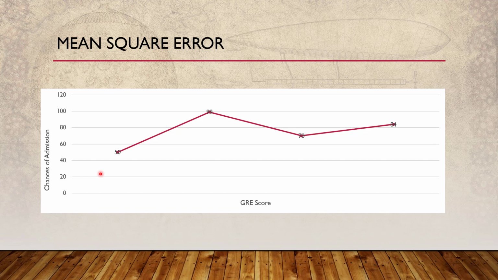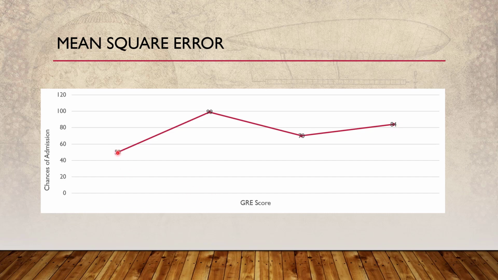Over there, we took a very simplistic data set, the GRE score, and created a chart of, based on the GRE score, what will be my chances of admission. I have just taken 4 points based on the GRE score.